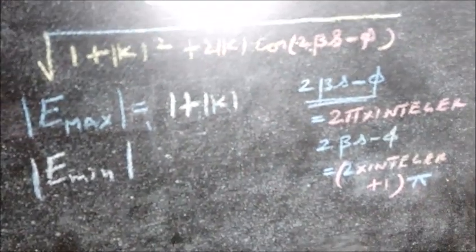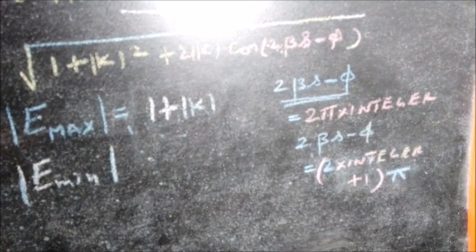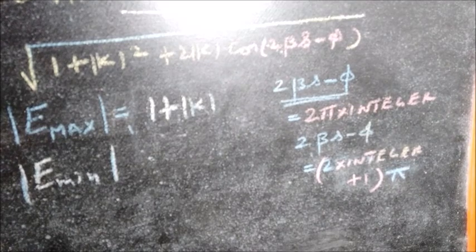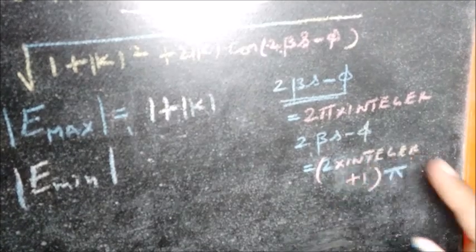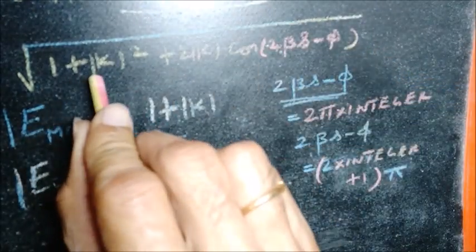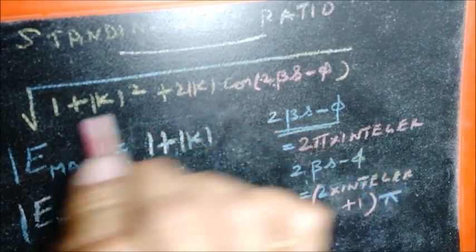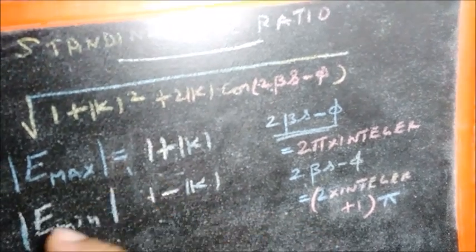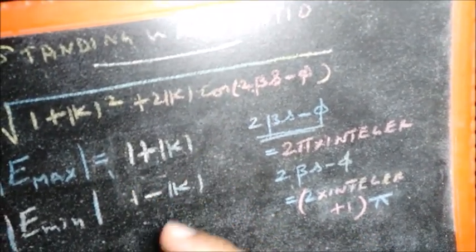So when 2 beta s minus phi is 2 into an integer plus 1 into pi, say for example 3 pi when the integer is 1, or if you take it as 0 you get pi, this becomes minus 1, and this becomes 1 plus magnitude k square minus 2 magnitude k under root, that gives us 1 minus magnitude k. So the maximum amplitude of the voltage waveform on a transmission line is this, and the minimum amplitude is this.